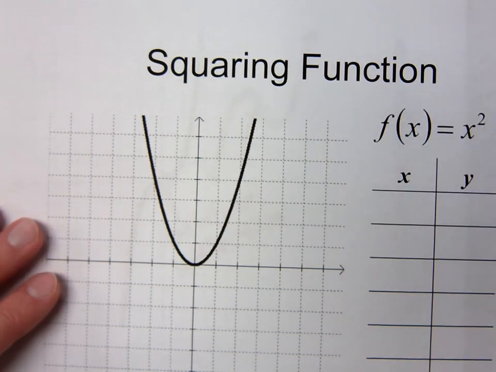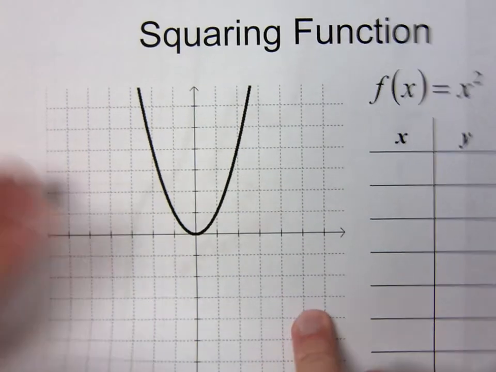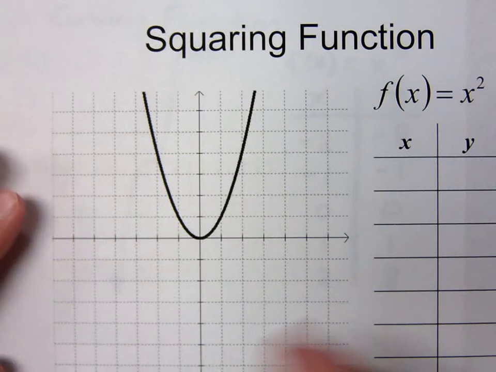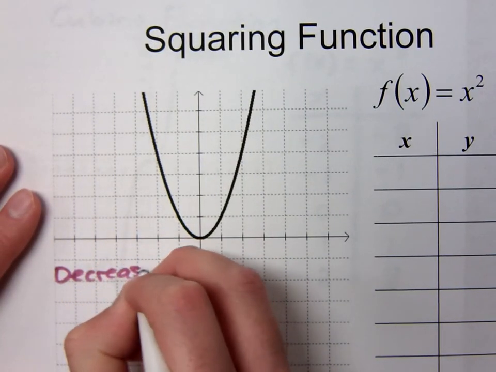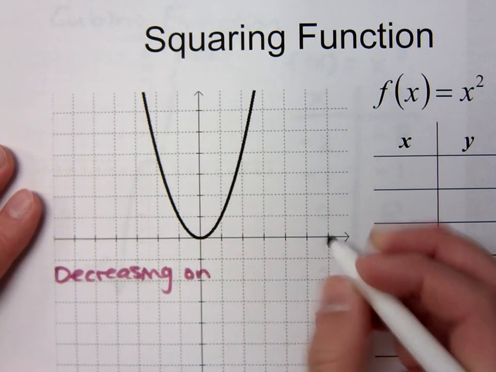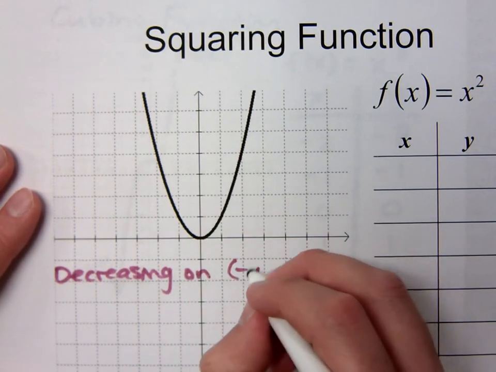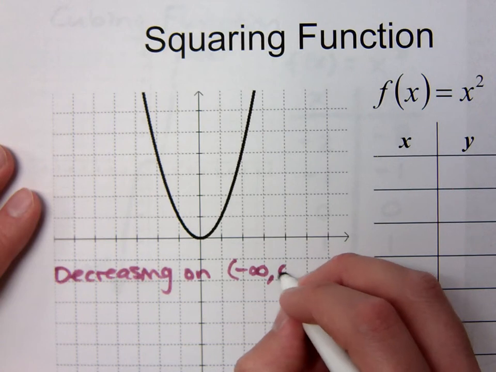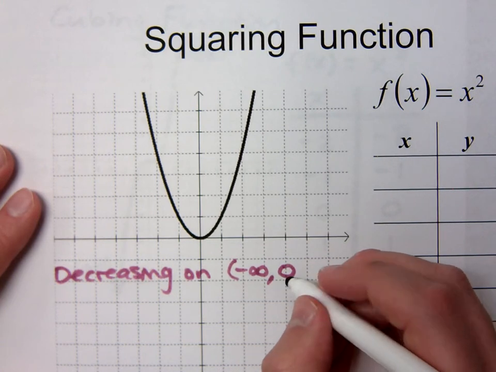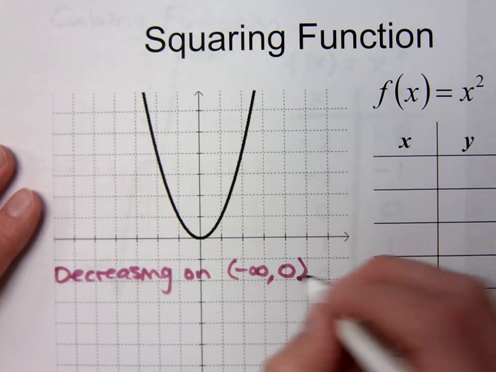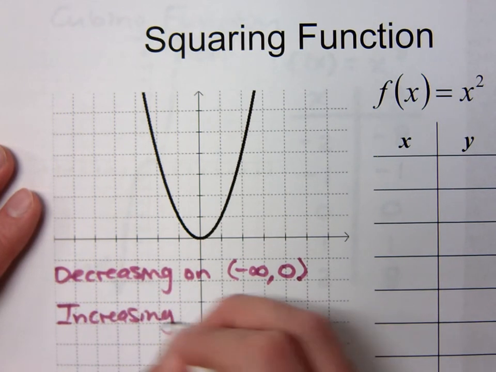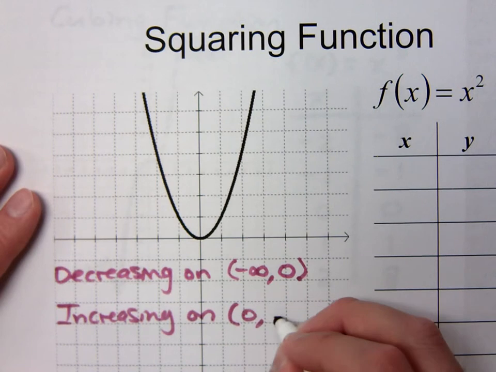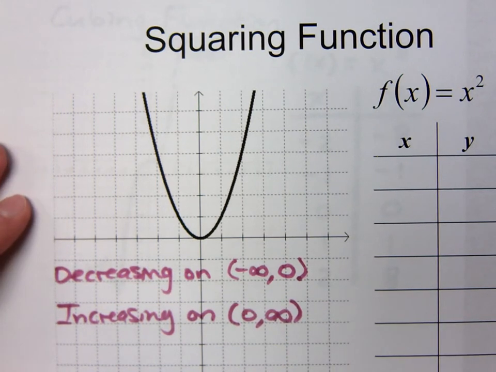So just going back and talking a little bit more about this guy, this guy is decreasing on the interval from -infinity to 0, right? And then he's increasing on 0 to infinity. Does that make sense?